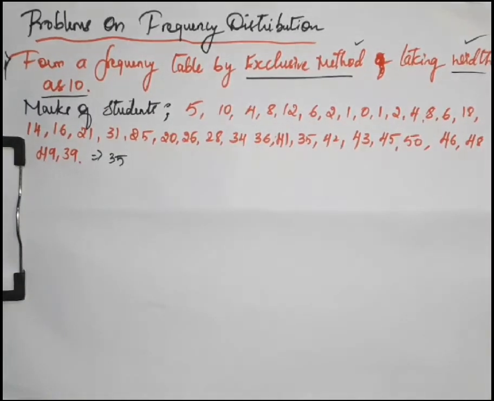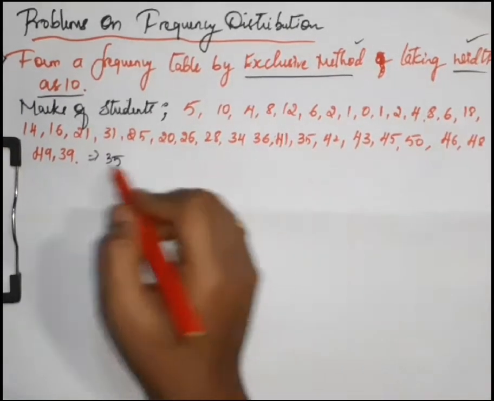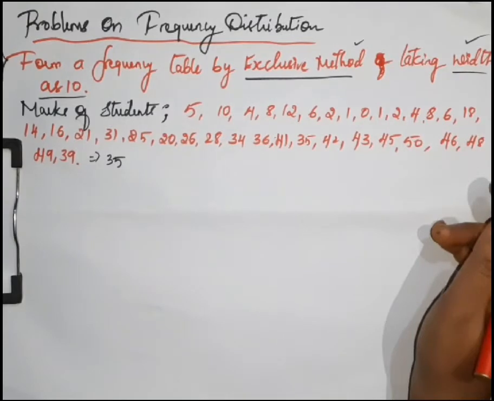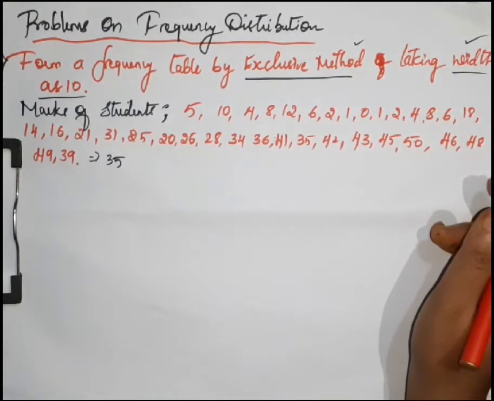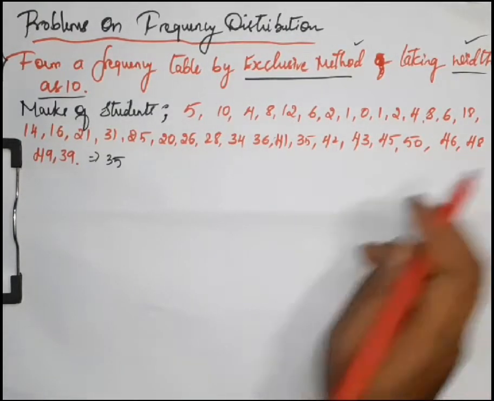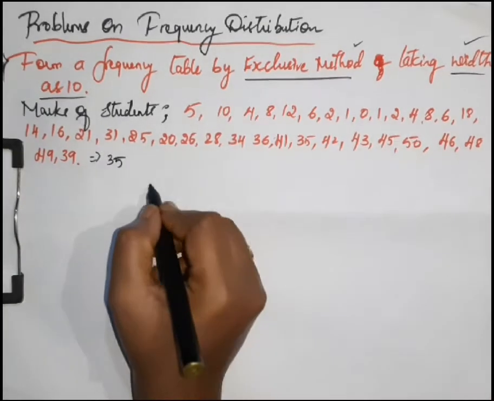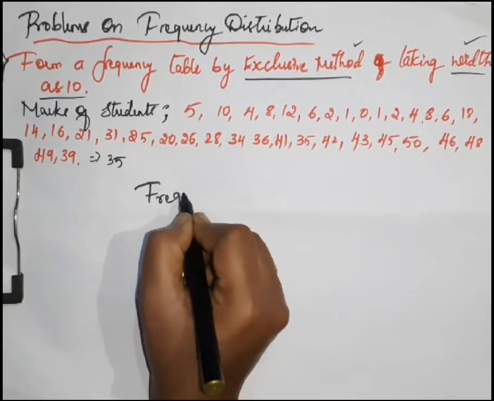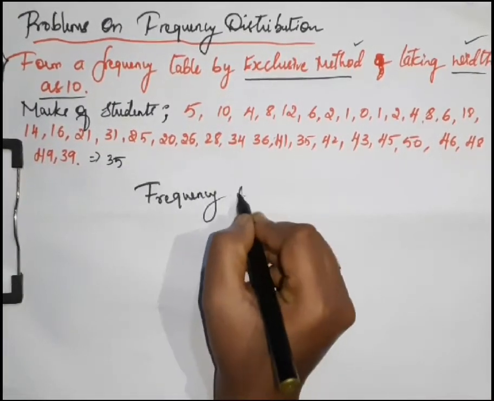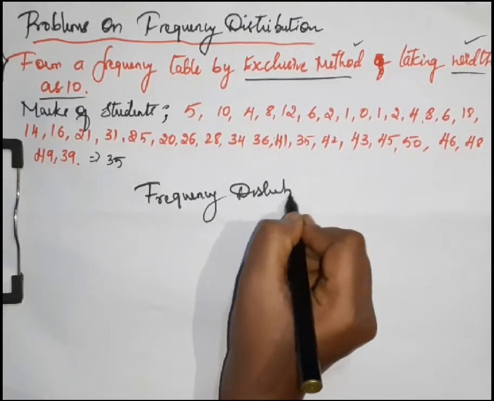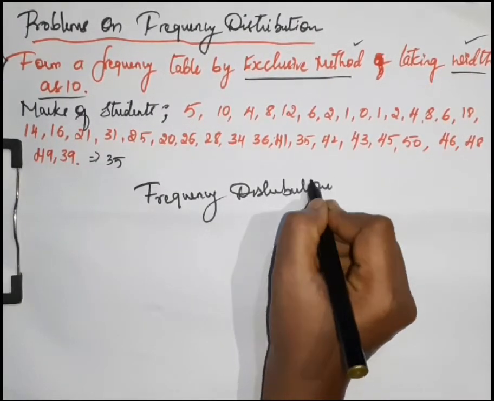So what we have to do is arrange this data in a proper tabulation format, that is, in a proper table format. That is the frequency distribution table.